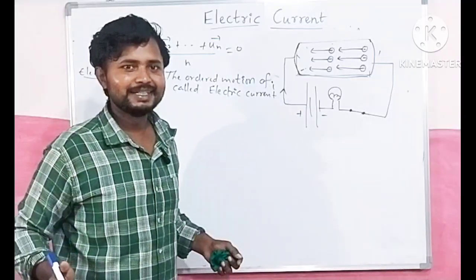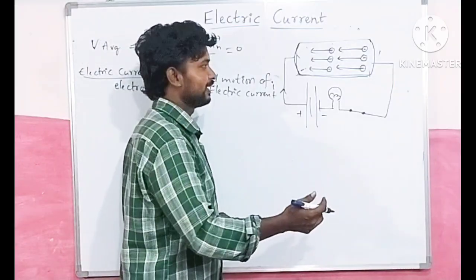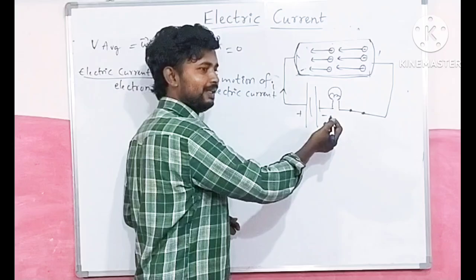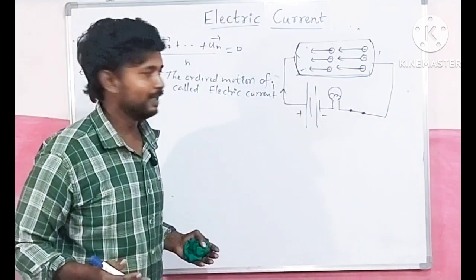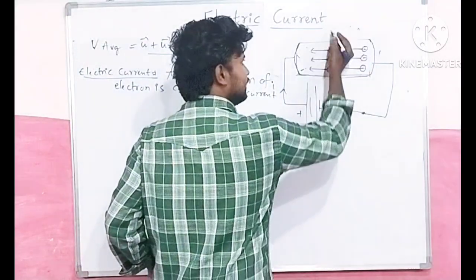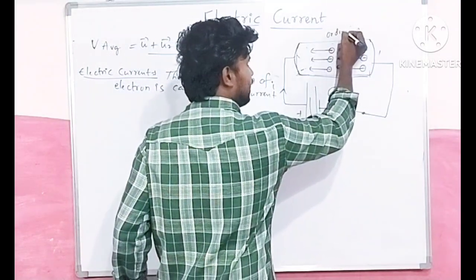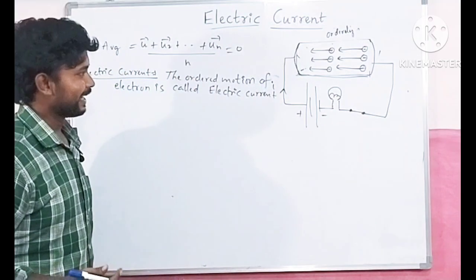In the same way, if not connected to a battery, the electrons move randomly, but when connected to a battery, the electrons are orderly moving. So the ordered flow of electrons is called electric current.